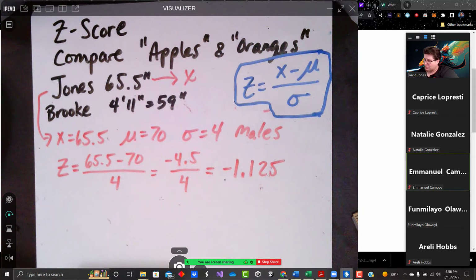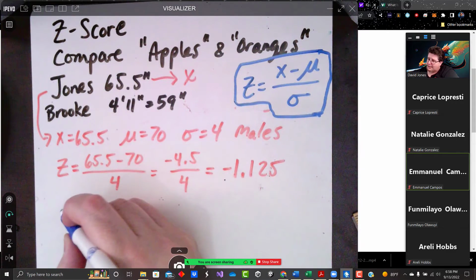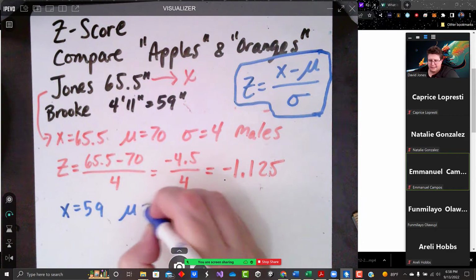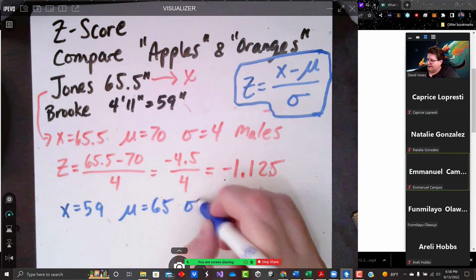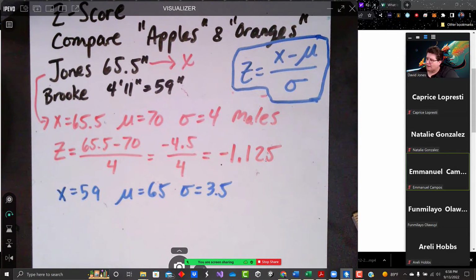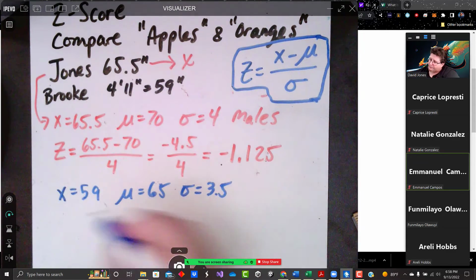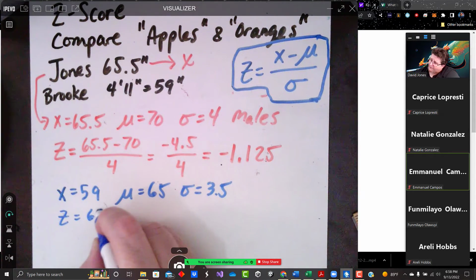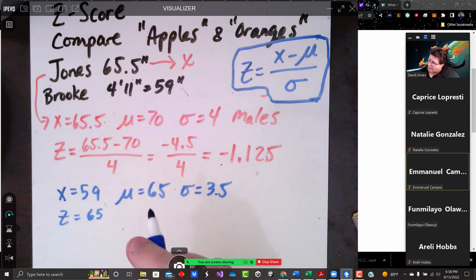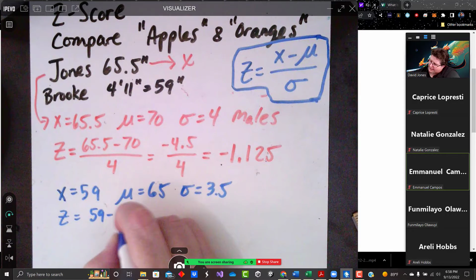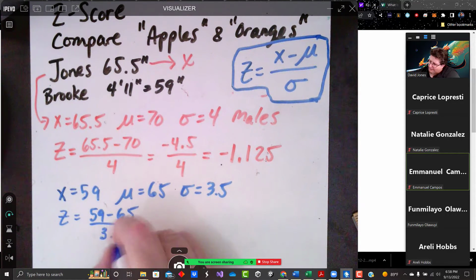Let's do Brooke's as well. Brooke's category, she had 59. The mean was 65, and standard deviation was 3.5. So when I plug that in to this formula up here, I have 59 minus 65 over 3.5.